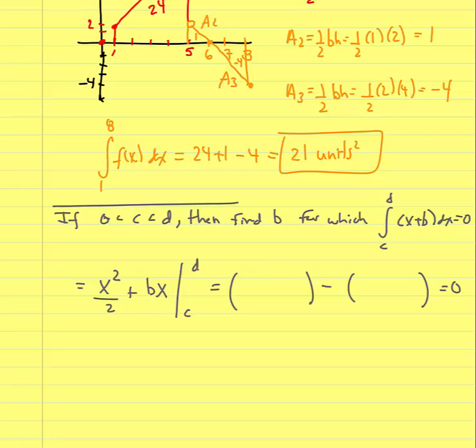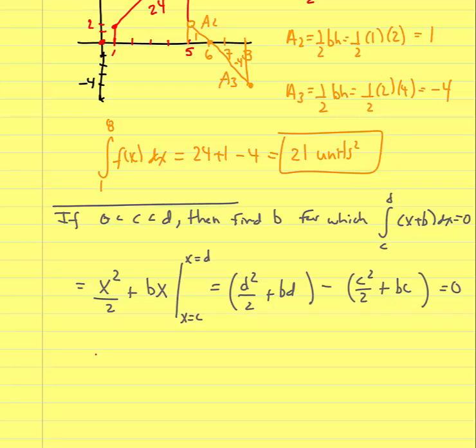So plugging in a d, I get d squared over 2 plus bd, because I'm plugging in, if I should clarify that, x equals c and x equal d. I know that because my dx tells me my variables that I'm subbing in for, so x equals c, x equal d. And then I plug in for c, so I get c squared over 2 plus, and then I plug c in for x and I get bc.